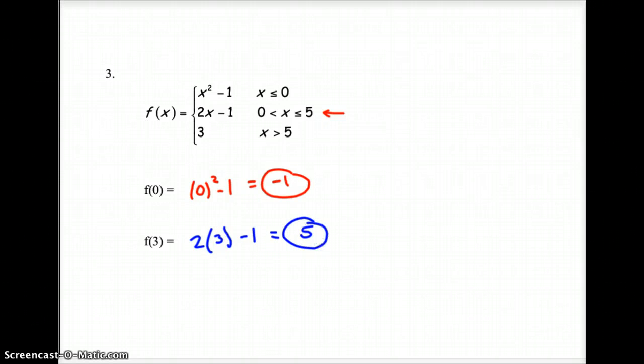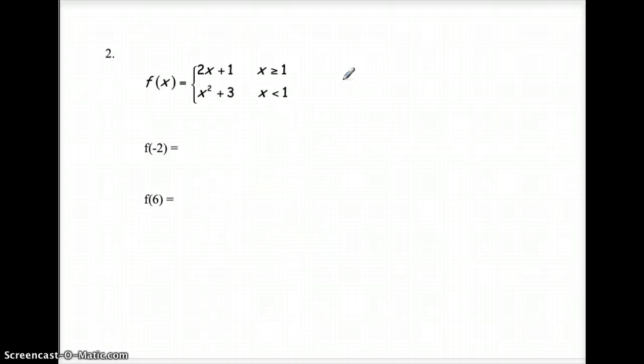Maybe I'll go back and do the second one real quick. So I have 2 constraints, greater than or equal to 1 or strictly less than 1. When I look at the first function, it wants me to plug in a -2. That's when I'm strictly less than 1. So I'm going to use parentheses again because we're substituting in a negative and squaring it.